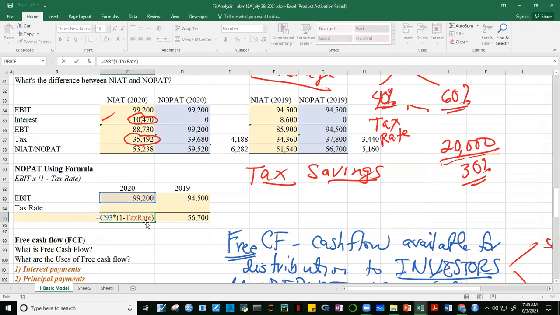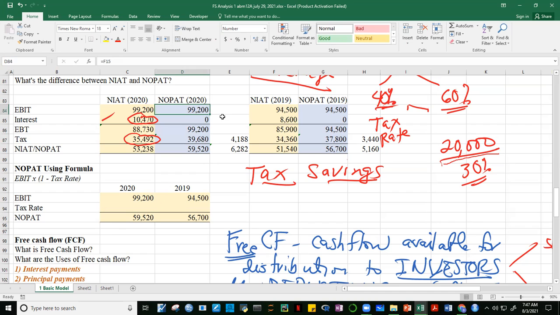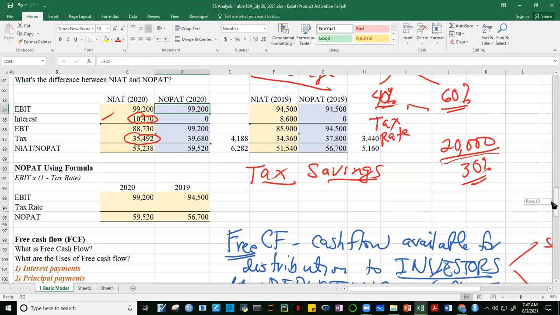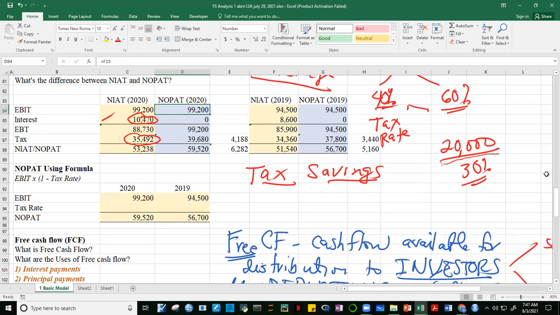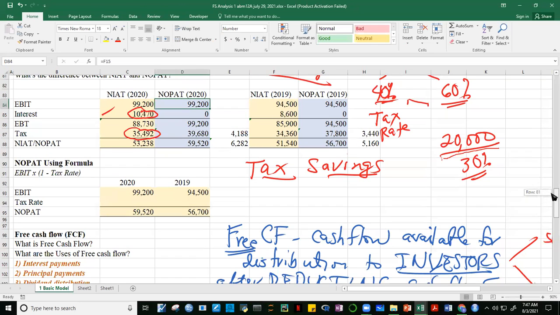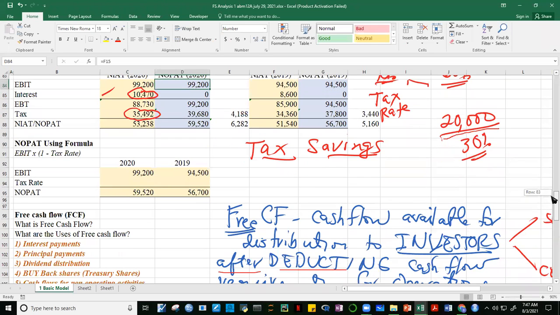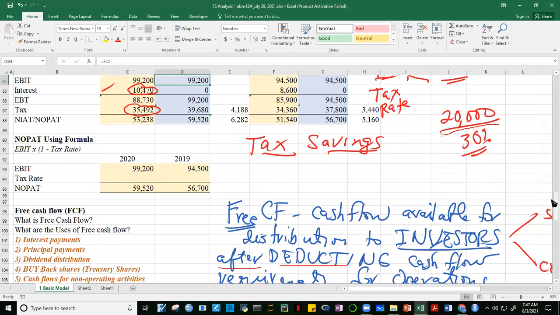Binawasan natin ng yung 40% in this case na tax rate. So ang natira na lang, 60% of your EBIT. Okay? So how to compute for your NOPAT? You use your EBIT and then subtract here the tax that accrues to the earnings before interest and taxes. Okay? Any questions, guys, with your net operating profit after tax?